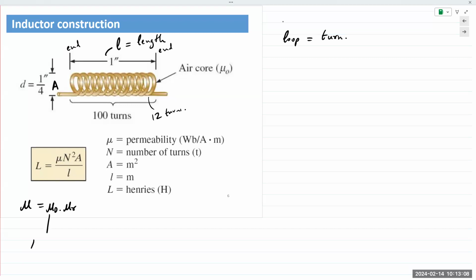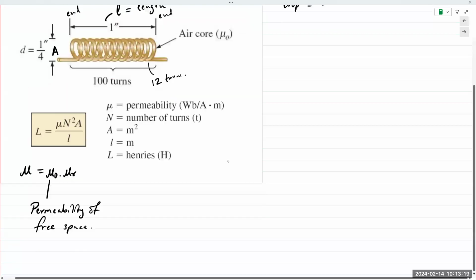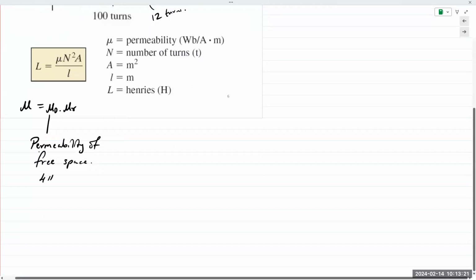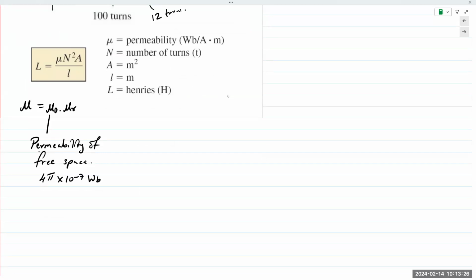It's a constant. The value of that constant is 4 pi times 10 raised to minus 7 Weber per meter squared. Oh, Weber per ampere meter. I always forget the ampere.